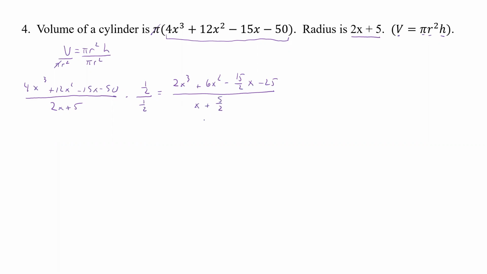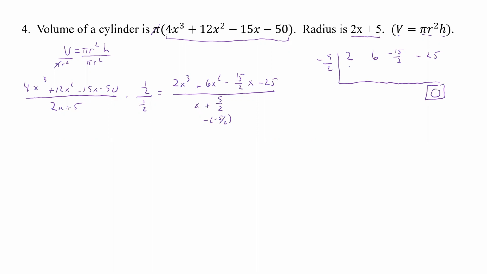And remember, that's going to be minus a minus 5 halves, so we're dividing by the negative 5 halves. All right, so let's write it down here. That was a 2, a 6, minus 15 over 2, and a minus 25. And again, when we get down to this point, we should have a 0.